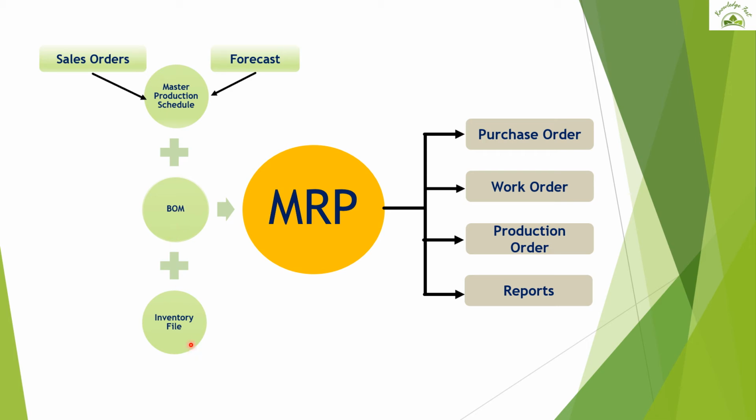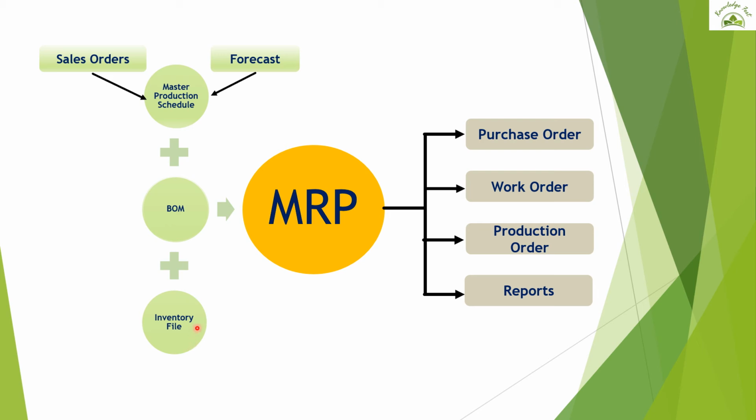Now let us understand what is inventory file. Inventory file actually contains the availability status of each of the components. Now let us consider that for both of the categories of the hatchback cars, the car requires a braking system. Let us assume the same braking system is going to be used in both categories of the hatchback car, right?